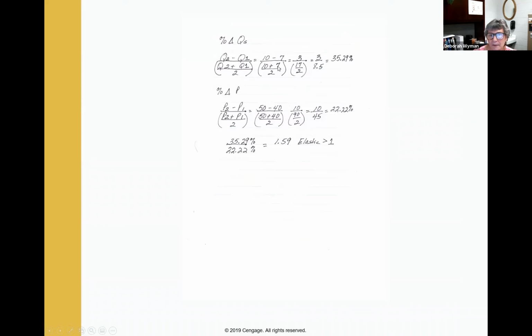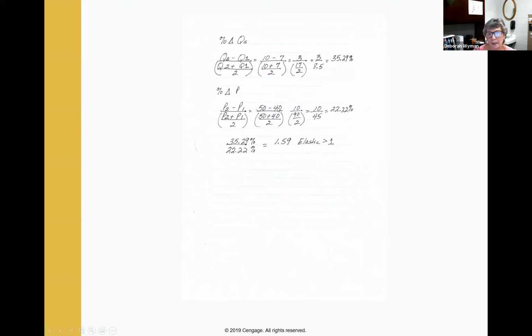10 plus 7 is 17 divided by 2 is 8.5. 3 divided by 8.5 is 35.29%. Then we look at the percent change in price, P2 minus P1 over P2 plus P1 over 2 in parentheses.